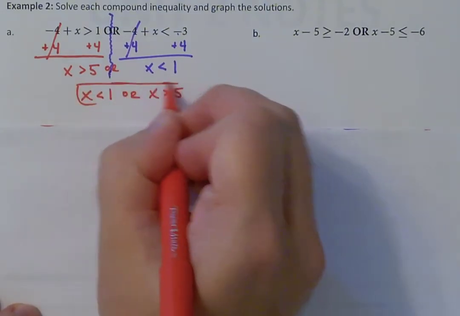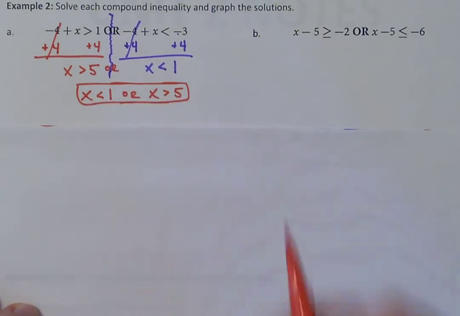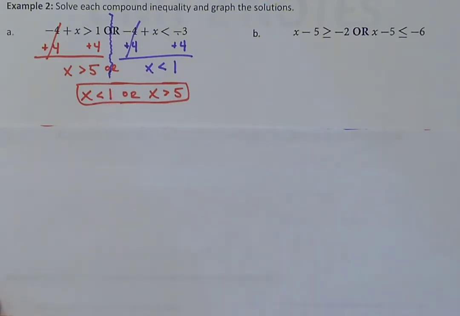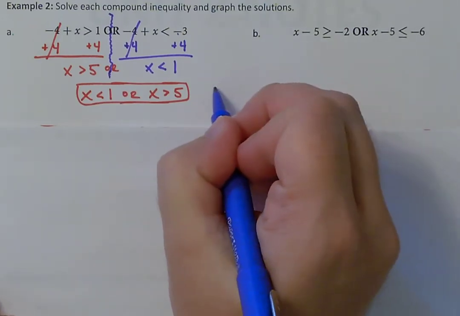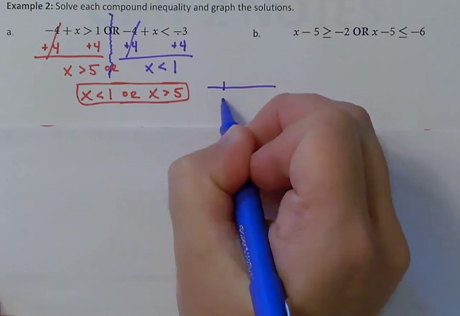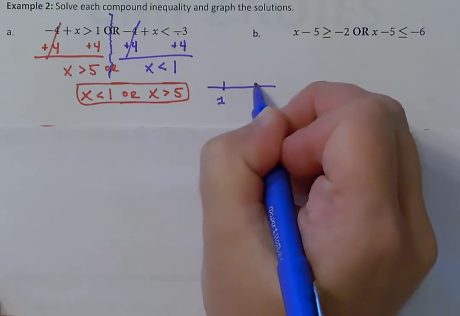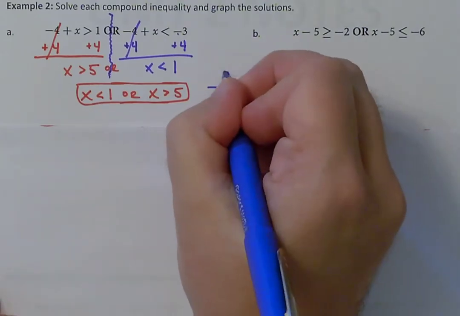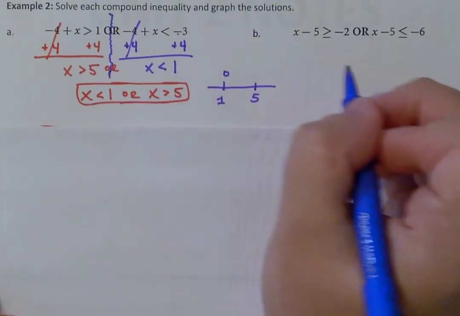Most times you're not going to have to switch it, so I'll show you one where you don't have to. So I have x is less than 1 or x is greater than 5. To graph this problem, we're going to have our numbers at 1 and at 5. At 1 it is an open dot, and at 5 it is also an open dot.